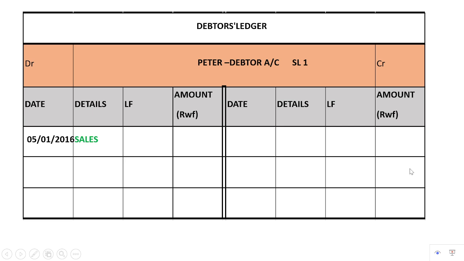Though money is not paid automatically, on an accrual basis a debtor pays money, so the debtor is taken as a current asset to the business. Then under the details here, we indicate sales, and the amount is 10,000. Then we balance it off.